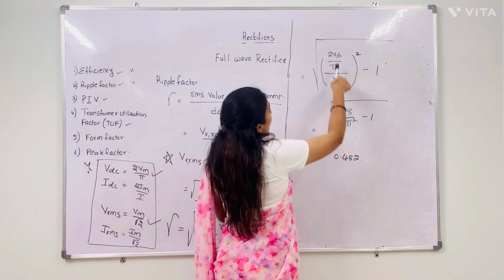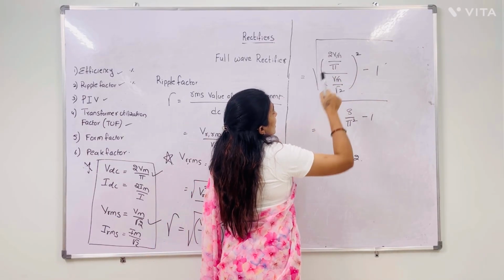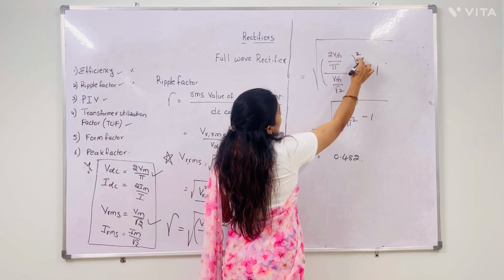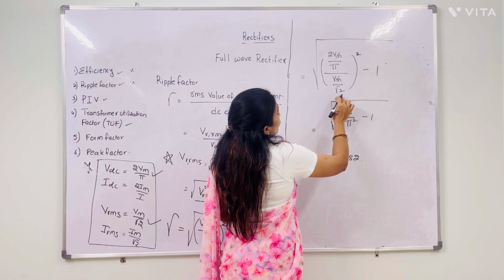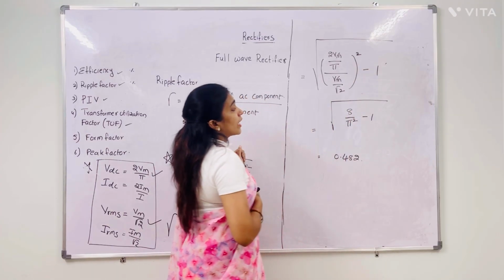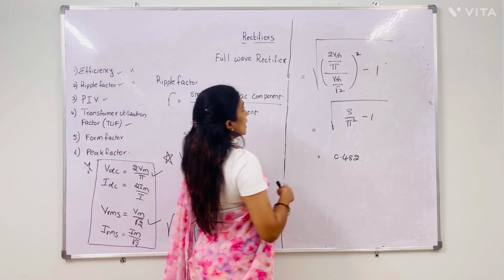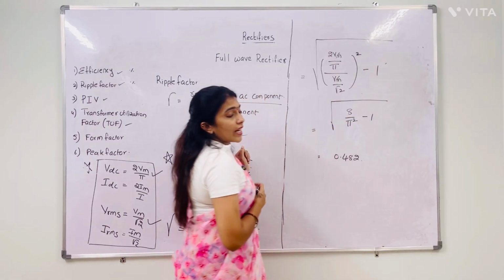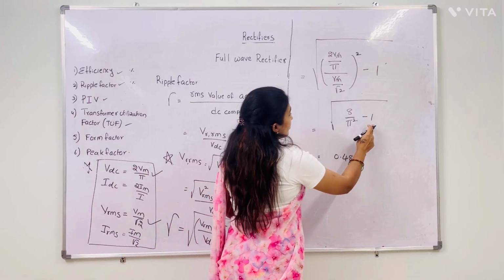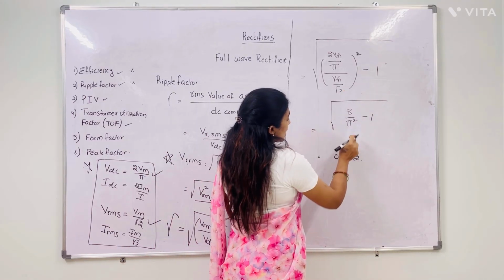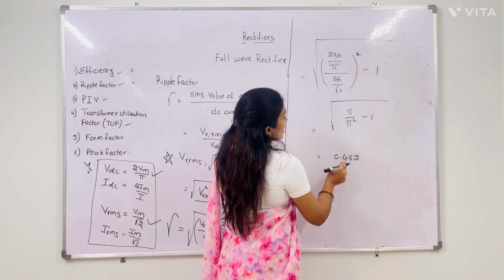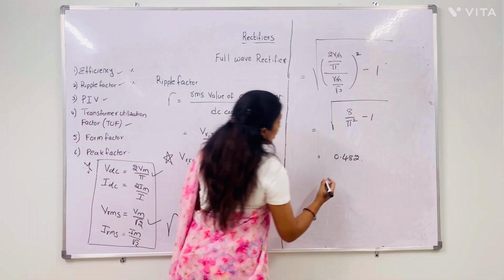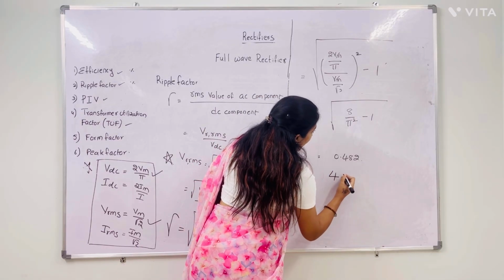Is there any cancel terms? Yes, Vm gets cancelled. After simplification, 2 square is 4 and root 2 square is 2, 4 into 2, we got 8 at the numerator and pi square at the denominator. So it is 8 by pi square minus 1, whose total value after simplification is 0.482.